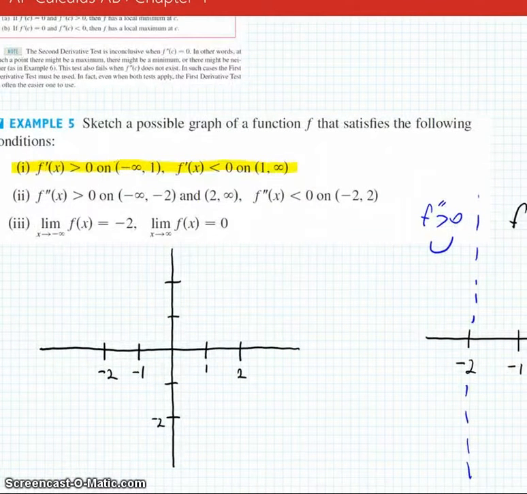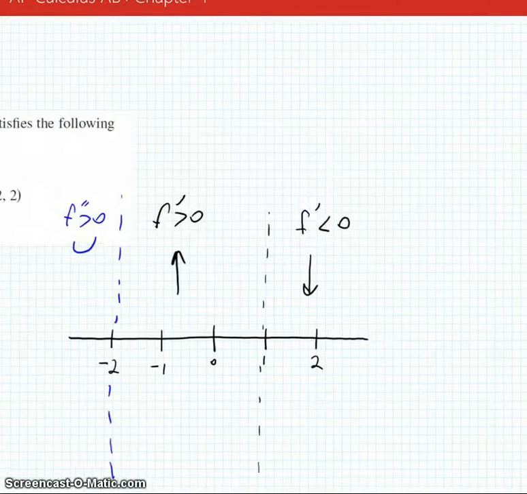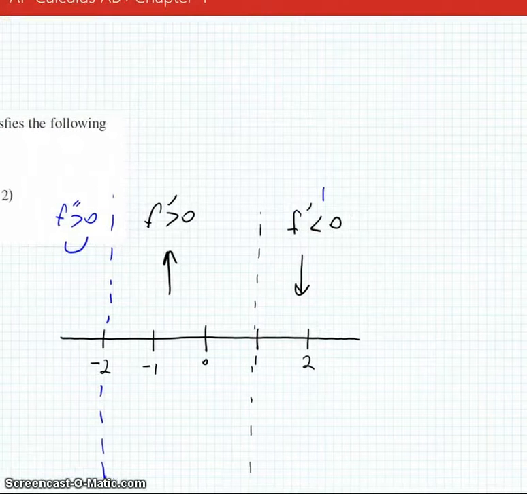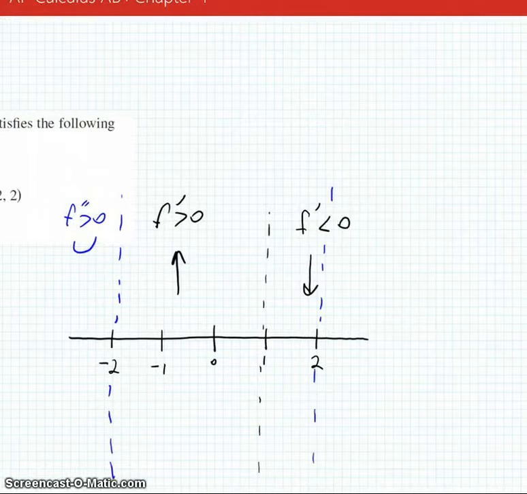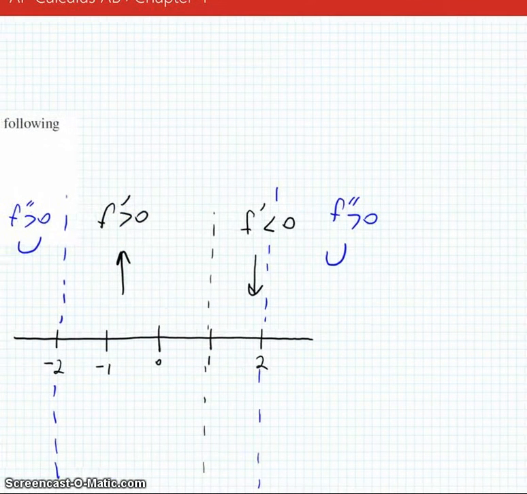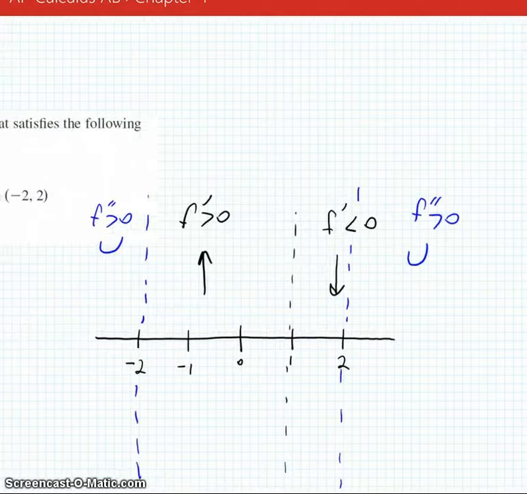And we're also concave up from 2 to infinity, so I'm going to mark that as well. So there we go, it looks like that. And then in the middle, we're concave down.